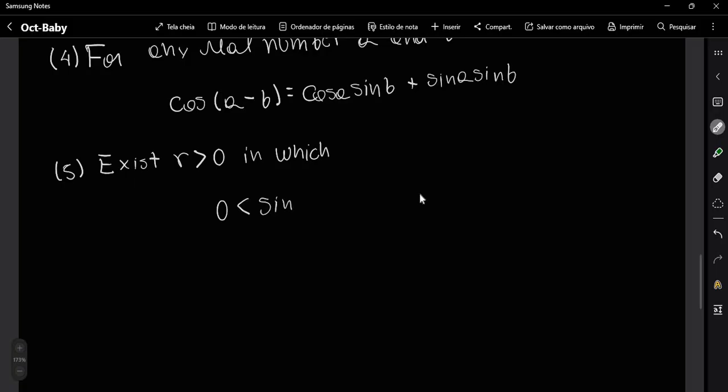So sine of x is between 0 and x, which is between sine of x and tangent of x, where tangent is the relation between sine and cosine.